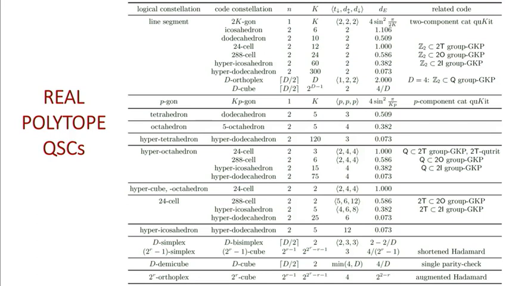I'll just flash this table in response to that. What we've done is mine all the polytope literature and some classical codes, and we've just found the code parameters, and what I can say is that we see all sorts of shapes and sizes here. I don't have some universal bound, but you can look at things at the bottom, like these Hadamard code-based polytopes, where you see things blowing up exponentially with some parameter r, and then look at things like the demicube and the simplex, where things are linear.